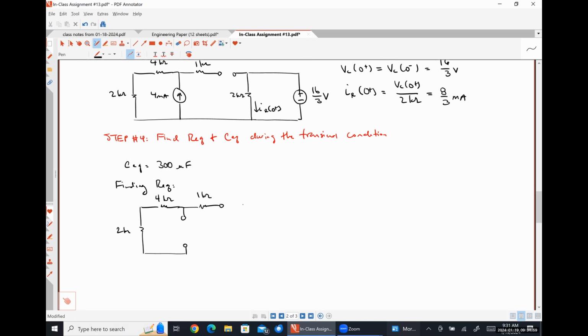The open circuit from my switch because during the transient condition, the switch is opened. Here's my 2 kilo ohm resistor. Here's my open circuit where my capacitor was. And I look in through the capacitor terminals. What do I see? Two kilo ohms.